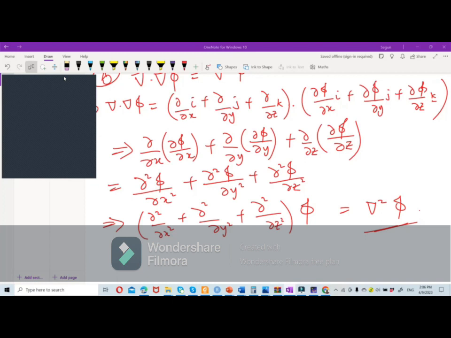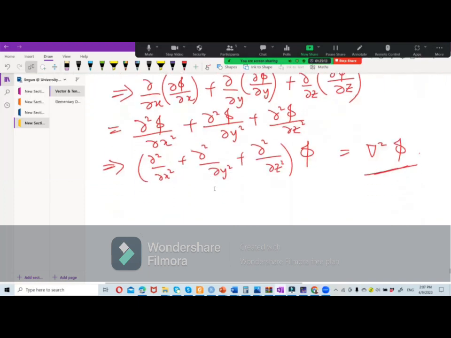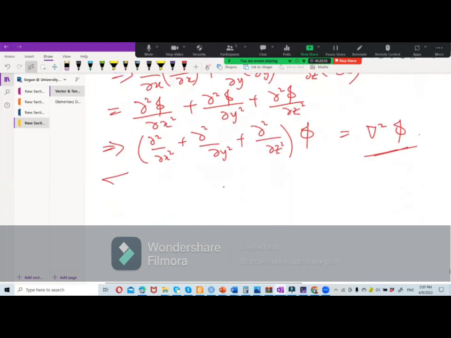Let's do the other aspects, which is the curl. For the curl, I'll just solve one or two examples, then we'll finish it all.